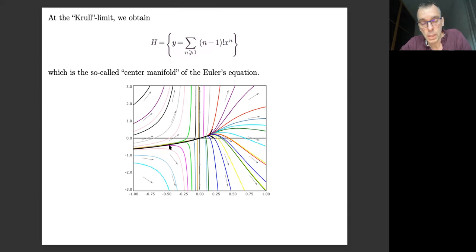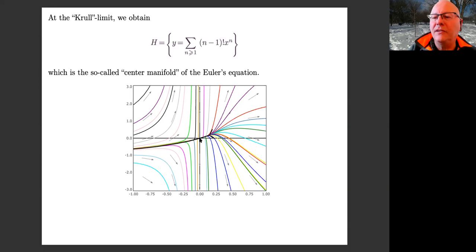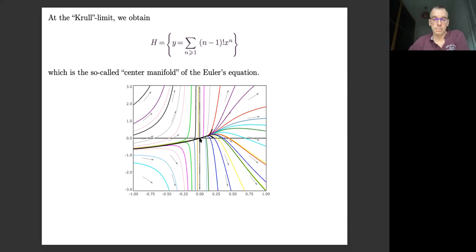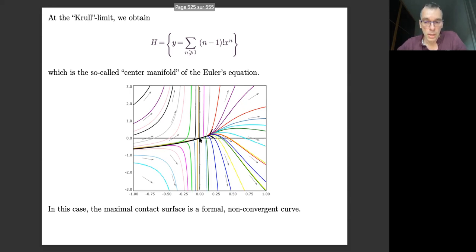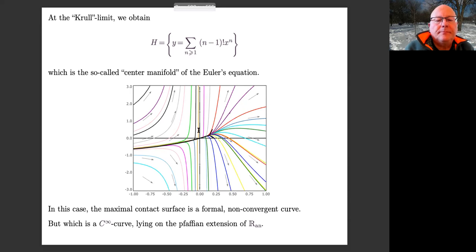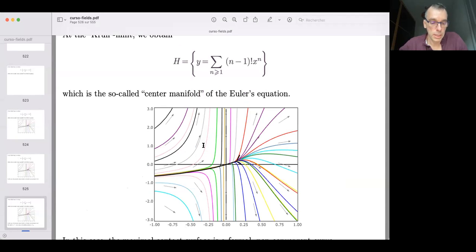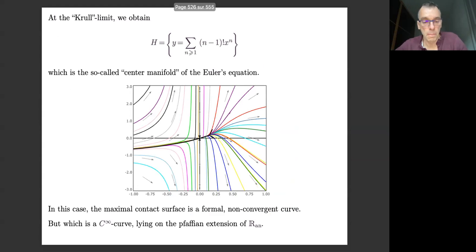So in fact, each one of these curves here is a center manifold. That was my question. So there is not one specific curve which plays the role of center manifold. Yeah, you cannot differentiate. Each one of these invariant curves is a center manifold. Okay, thank you. But yes, these curves all lie in, if I'm not wrong, I think they lie in an o-minimal structure.